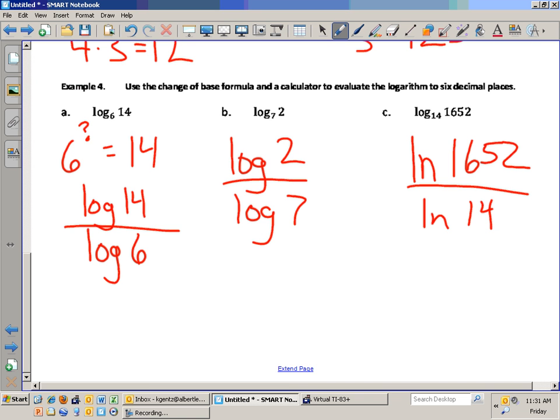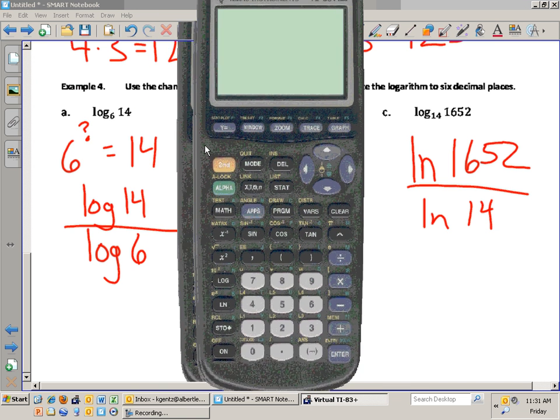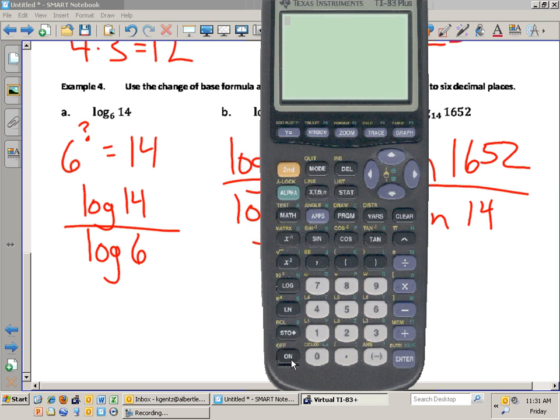And then you can start figuring out exactly what they are. I'll just do one of them, because once I do one of them, you guys know how to do all the rest. Log of 14, my calculator has to be reset. Something happened. So log of 14 divided by log of 6.